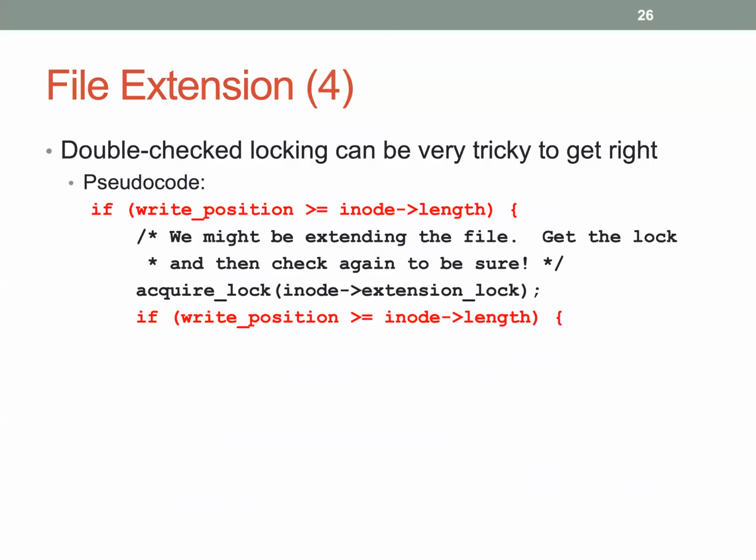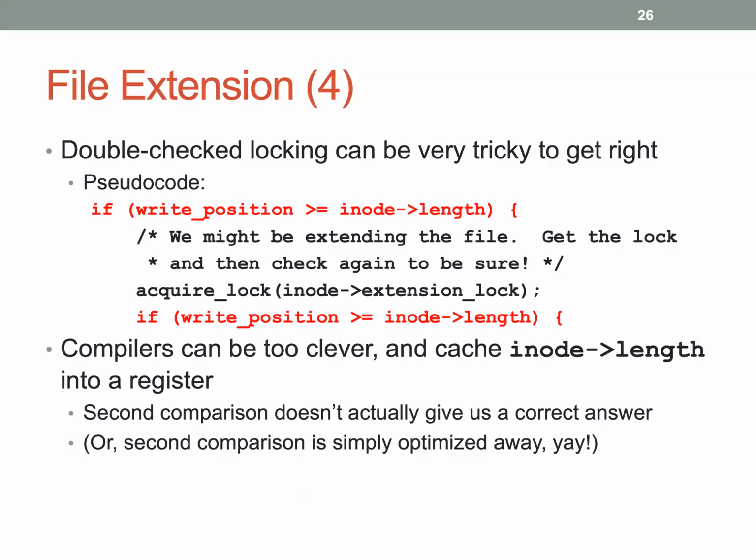Now, the one thing that you have to be concerned about is that you have two comparisons of some value. In fact, you have two variables that you're looking at. One's in a struct and one is a local variable. The compiler will think, why are you checking it twice? It won't change.